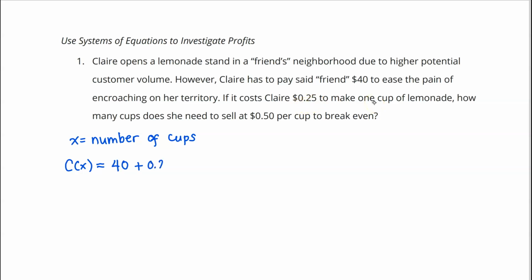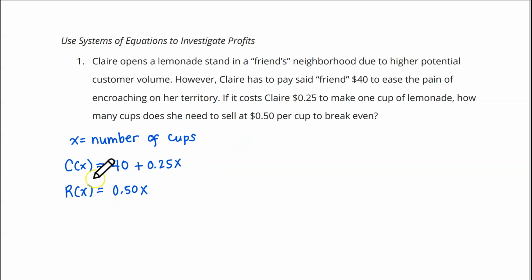So 0.25 times the number of cups. That's the cost function. Then next, let's define the revenue function, or the return function. The revenue function is equal to 0.50, because she is going to sell at 50 cents per cup, so 0.50 times the number of cups of lemonade.